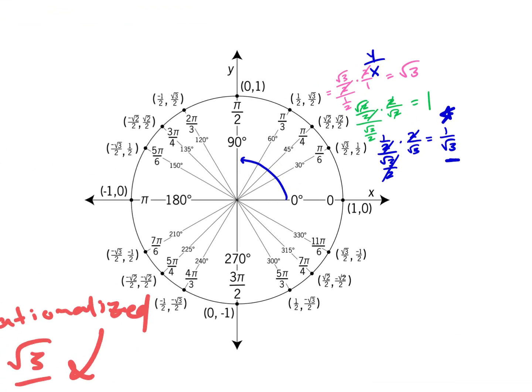Now we could do the math for every single one, but a good shortcut to know is that every tick mark here, so all of our special values that have the denominator of 6, they're all going to have the same 1 over square root 3, but the signs are different.